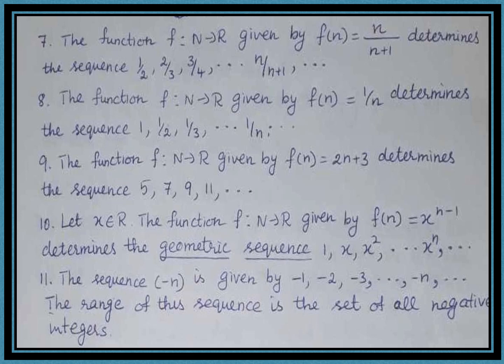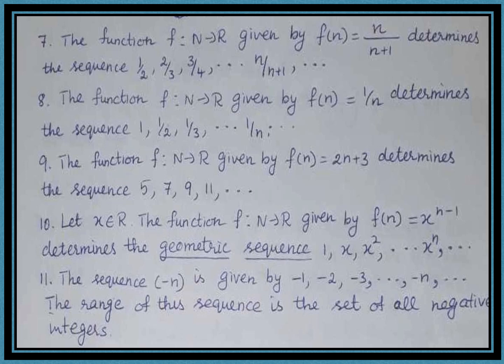Now let us take any element x belonging to R. That is, x is going to be any real number. We define a function f from N to R by f(n) = x^(n-1). So when we put n = 1, we will get x^(1-1), that is x^0, that is 1.